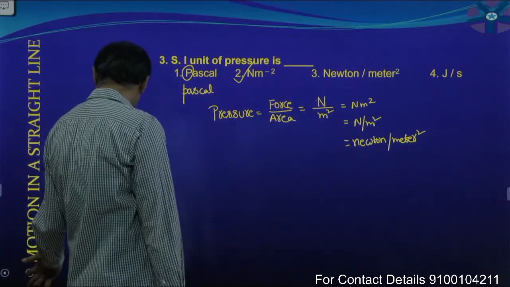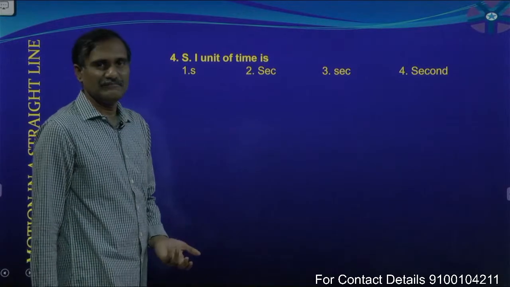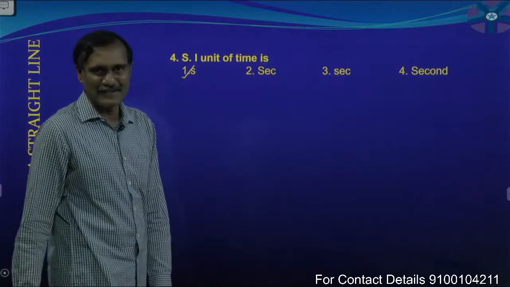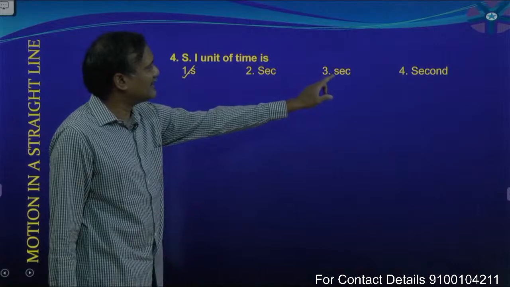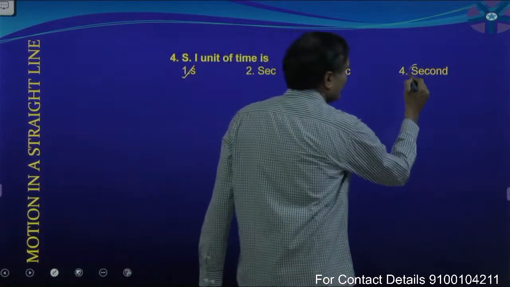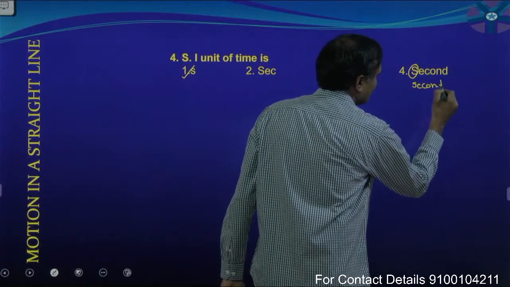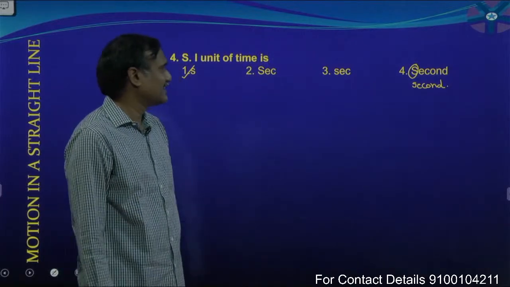Next one, SI unit of time. Yes, the first one is the correct answer. It is not SEC, and not SECOND. Here you must use a small letter for second.